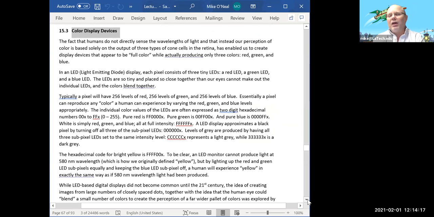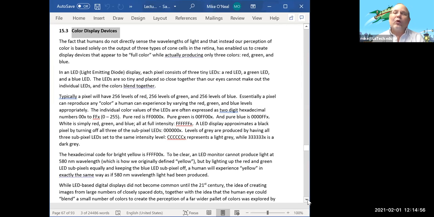You're colorblind except for three sensors: the short, the medium, and the long wavelength sensors. So for humans, if I build a display where every point, every pixel, can generate a wavelength that can stimulate your S sensor, your M sensor, and your L sensor, then I can build a display that'll generate any color that you can see, including magenta, which is a color that doesn't exist in the rainbow.